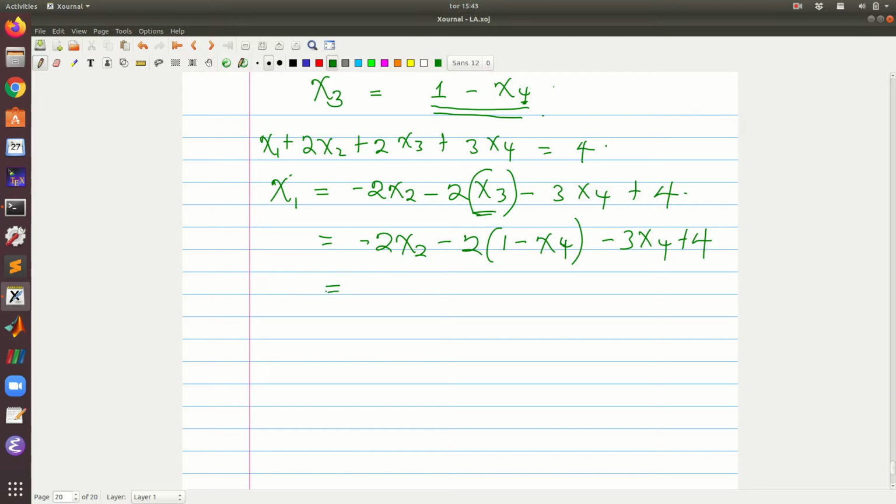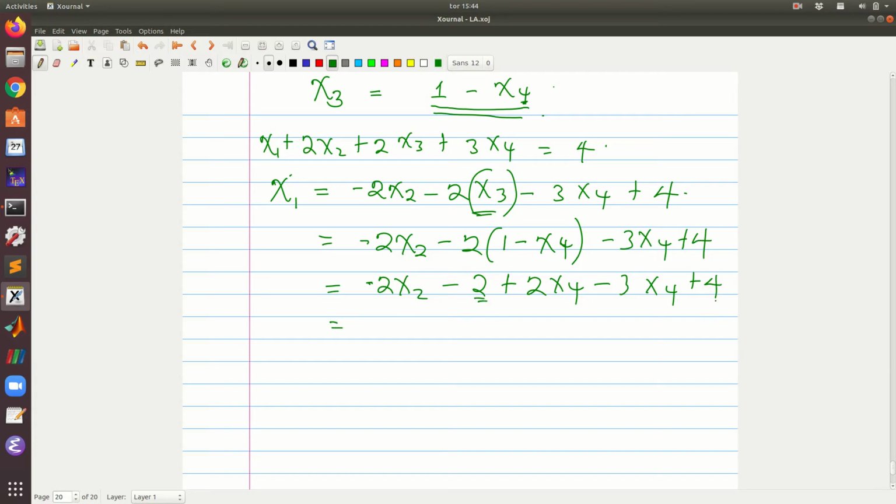So please allow me, if we do the algebra, what do we get here? I'm quite lazy, I don't want to go through all this. So okay, yes, I have no choice. This is minus 2, this is plus 2x4 minus 3x4 plus 4.